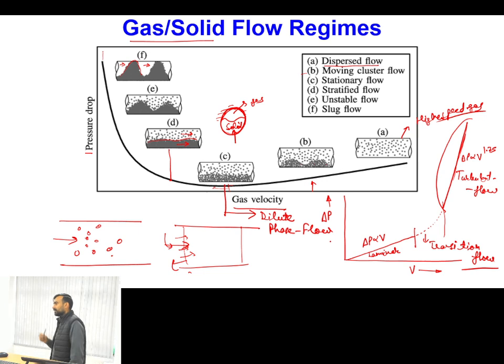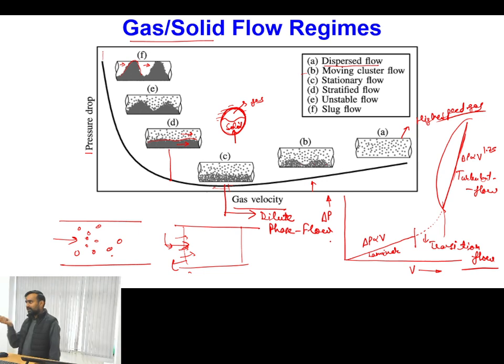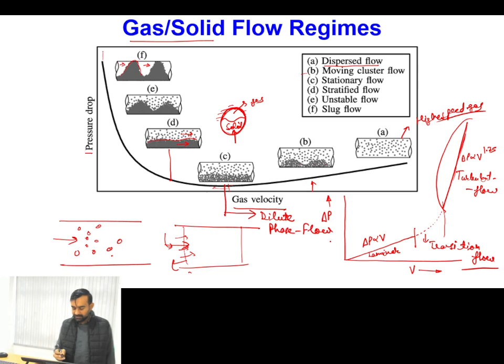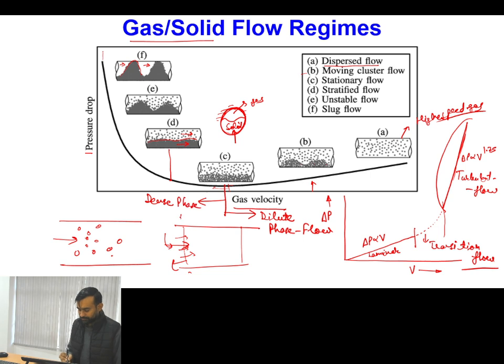Because here solids are present in low concentration, and when the velocities are such that the solid fraction is more, this type of flow comes under the category of dense phase flow.